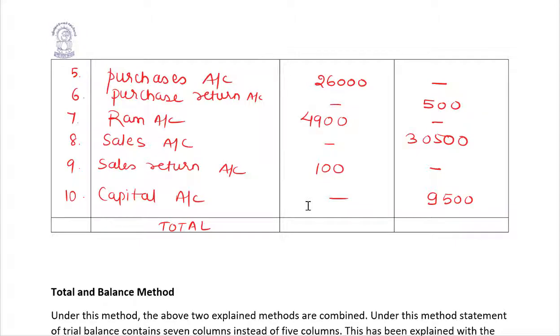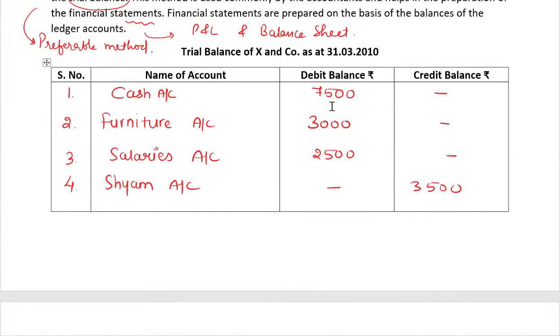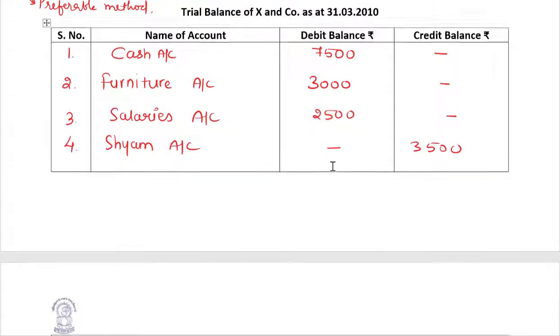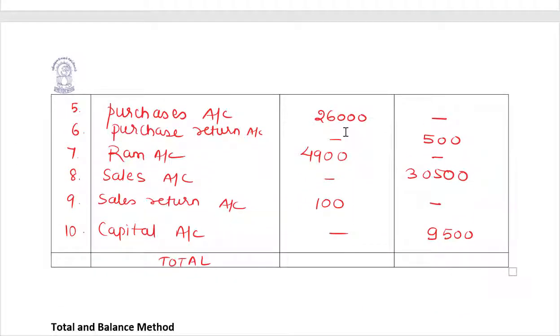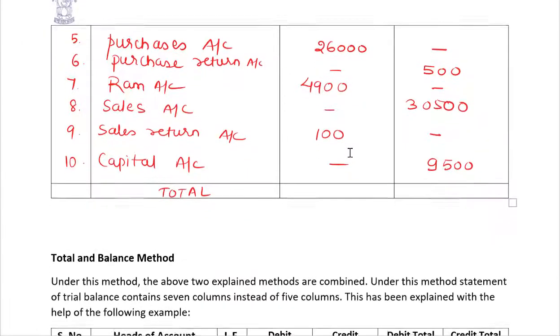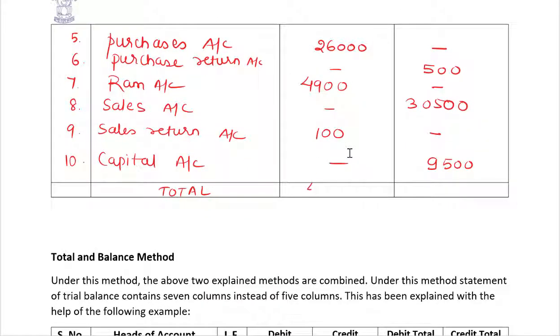Let's make a total of the debit and credit side, both sides. 7,500 plus 3,000 plus 2,500 plus 26,000 plus 4,900 plus 100 equals 44,000.